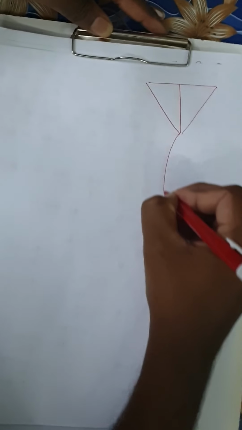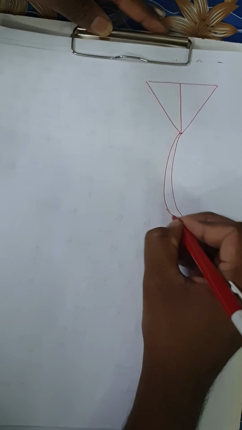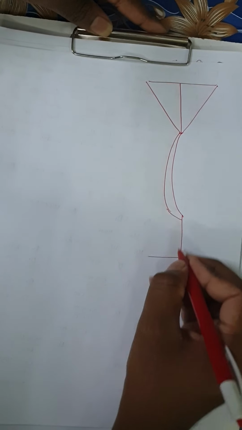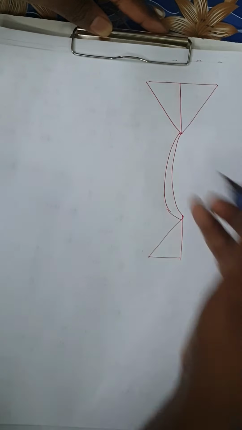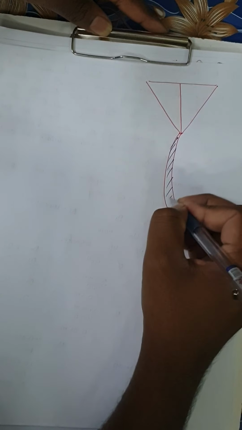First you have to draw the diagram for the centrifugal pump. So this is the diagram, this one is the outlet, and here the vane is there, and this one I treat as the inlet. So this is the vane.